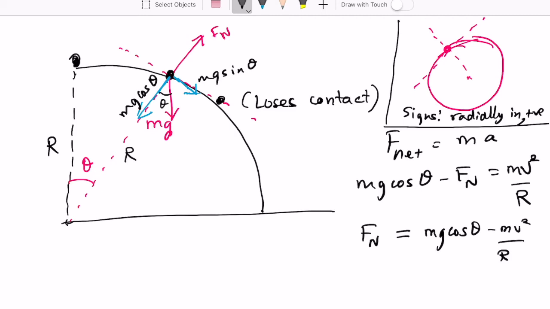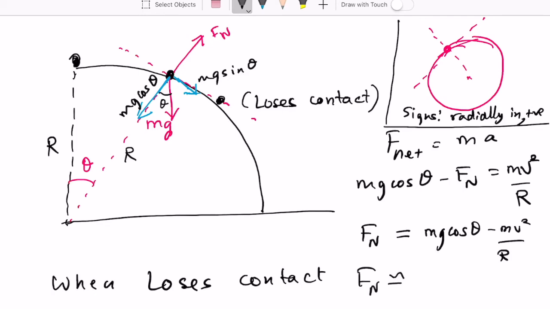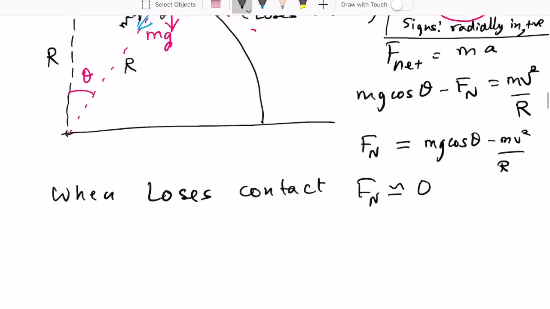So when the person loses contact, Fn is practically equal to 0, right? So we could set Fn equals 0, and we could solve for this angle theta at which they lose contact.